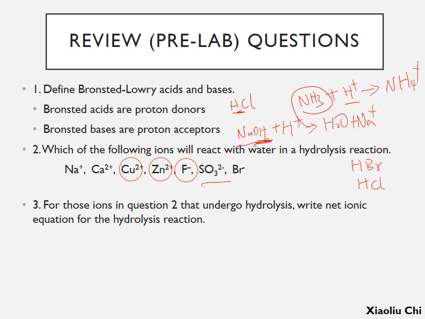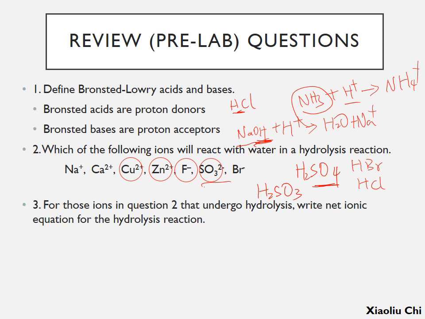Sulfite comes from a weak acid. Even though sulfuric acid, SO4, is a strong acid, sulfurous acid, SO3, is a weak acid, and therefore this will hydrolyze. And bromide comes from hydrogen bromide, so it won't. Question number 3. For those ions in question 2 that undergo hydrolysis, write the net ionic equation.